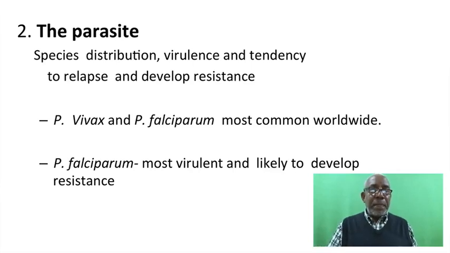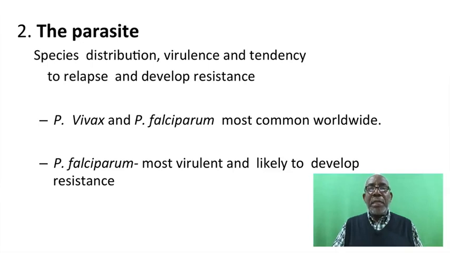The Plasmodium parasite species distribution is important. As we know, there are 4 important malaria parasite species, and all of these vary in terms of distribution, with Plasmodium vivax and falciparum common all over the world.